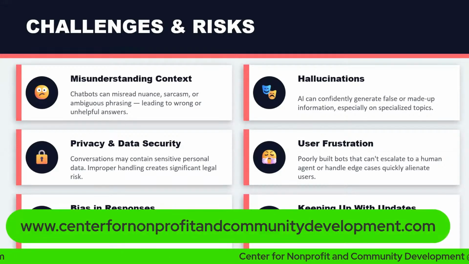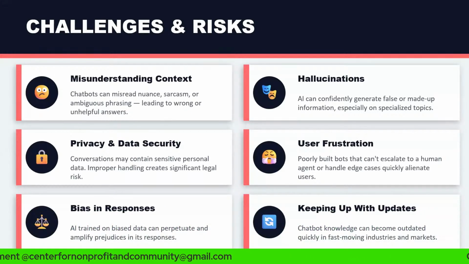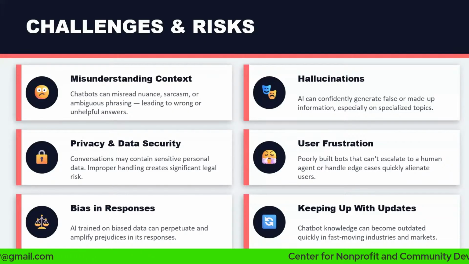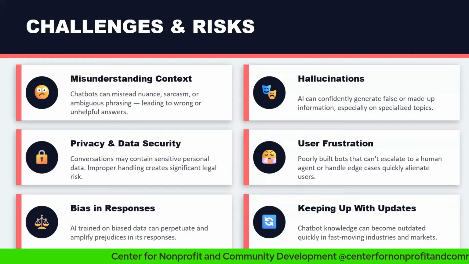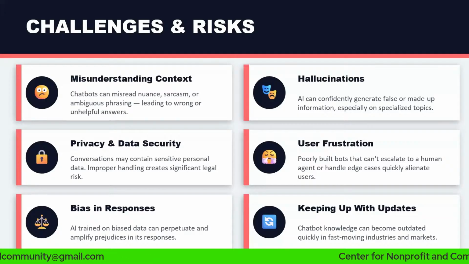For example, if you put in ambiguous information or nuanced information, ambiguous phrases, you can get a wrong answer or an unhelpful answer. In other words, what you put in is what you get. That's one of the things we teach in our class. Learn how to talk to this machine and what to ask so you can get the right one.